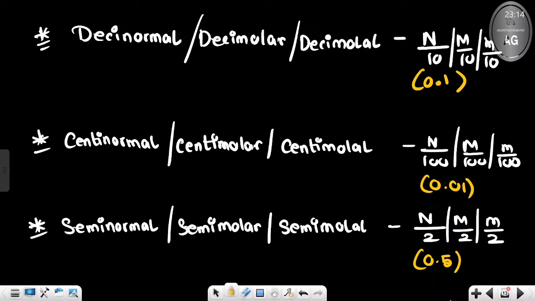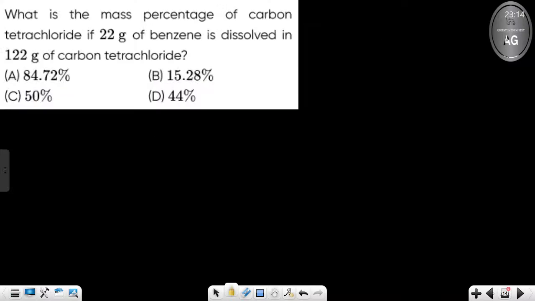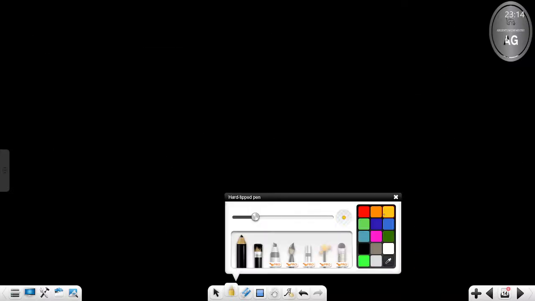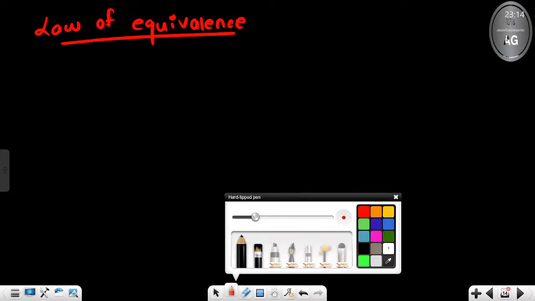Law of equivalence in class 11 was clearly given in the book. So let's read about law of equivalence. Do you remember what exactly it was? I guess you don't, so it's fine.